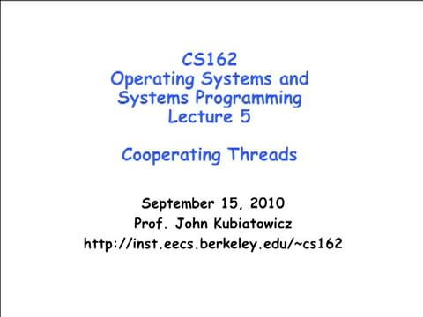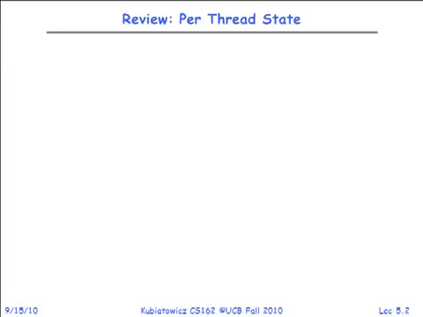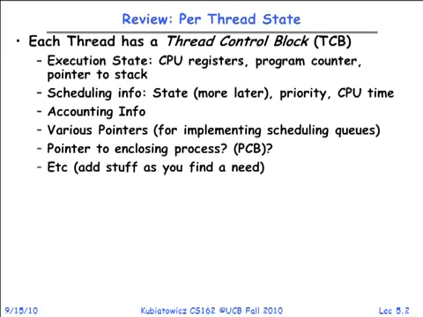So, last time we talked about threads and implementation, and one of the things we talked about was the state that's unique with threads. Basically, threads have, for instance, CPU registers, program counter, pointers to the stack, all that sort of stuff.